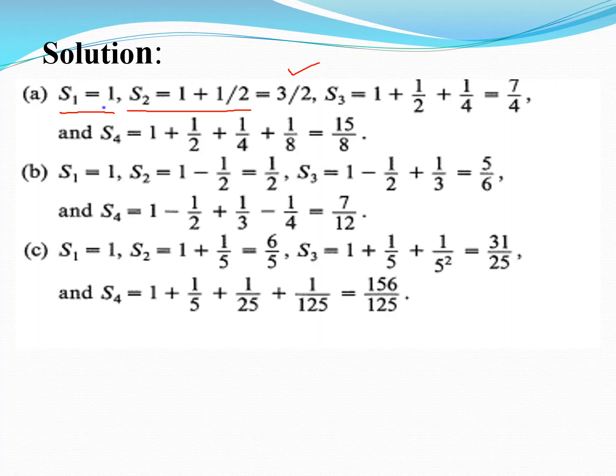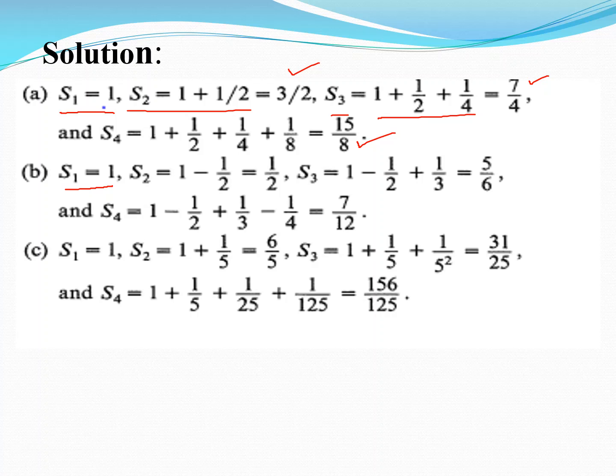S3 is the sum of the first three terms, which is 7 by 4. And S4 is the sum of the first four terms, which is 15 by 8. Similarly, in part B, S1 is 1, the first term.